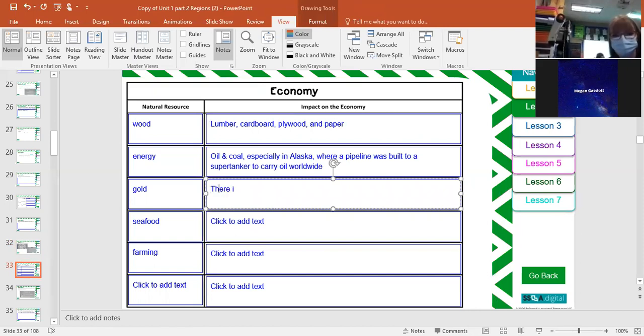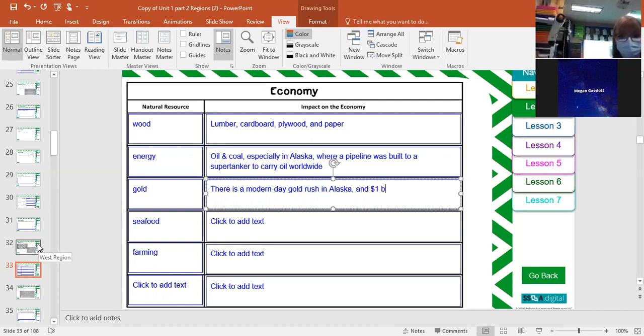There is a modern day gold rush in, what's the first state mentioned? Alaska, thank you. Hold on. And hold on. One what? Not million.